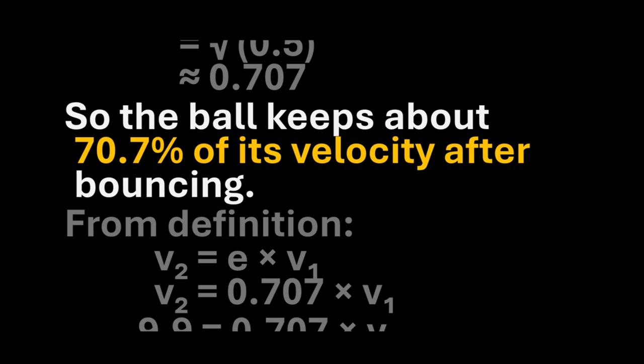It means that the ball keeps 70.7% of its initial velocity after bouncing. So the ball is dropped from a height, it hits the floor with some velocity, let's say x. 70% of that x is retained after the ball leaves the surface. I hope that makes sense.